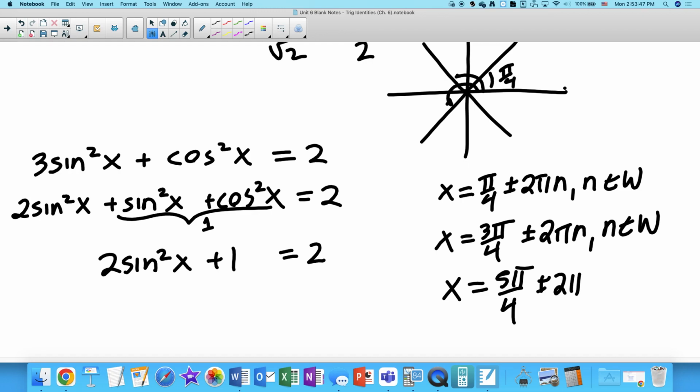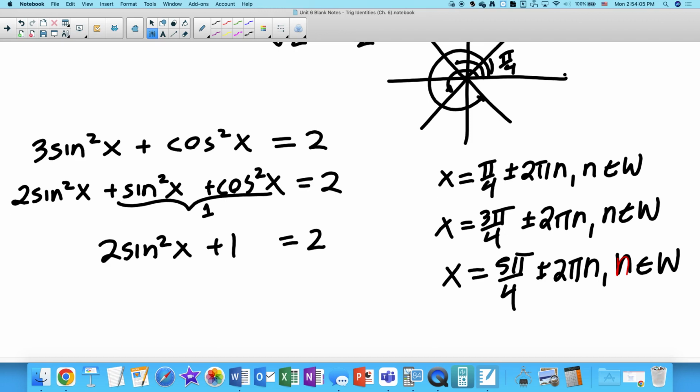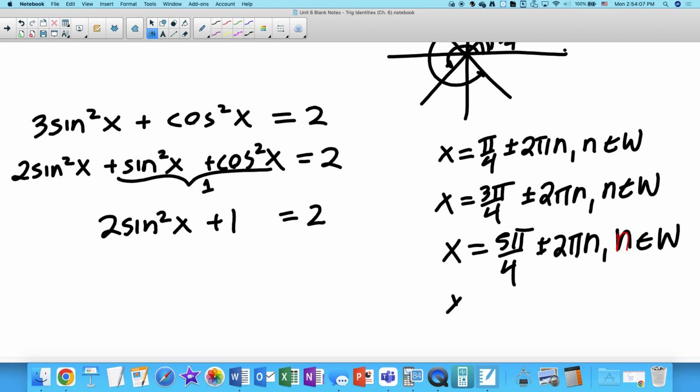And then the last one is 2 pi minus a quarter, which is 7 quarters. So 7 pi by 4, plus or minus 2 pi n. N is an element of the whole numbers. Okay. Now this is one option, but it's a little tedious and redundant, right?